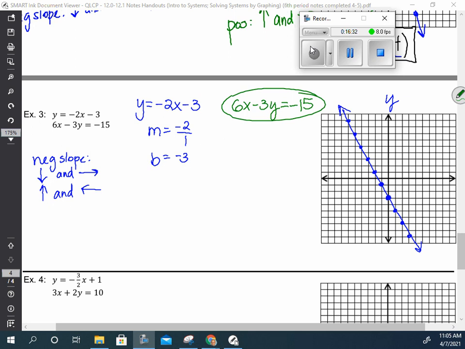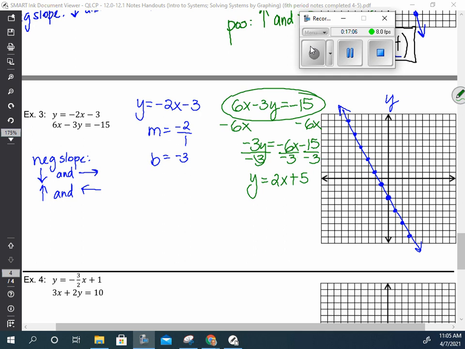So you can get the x and y-intercepts, or you can move this x to the other side. 3y equals negative 6x minus 15, and then divide everything by negative 3. So y equals 2x plus 5.